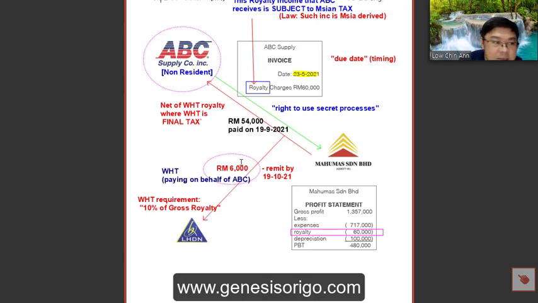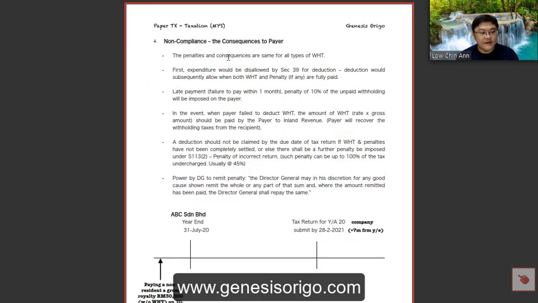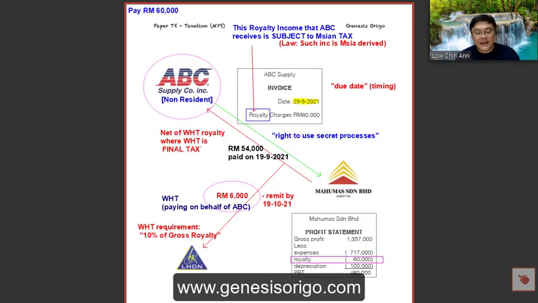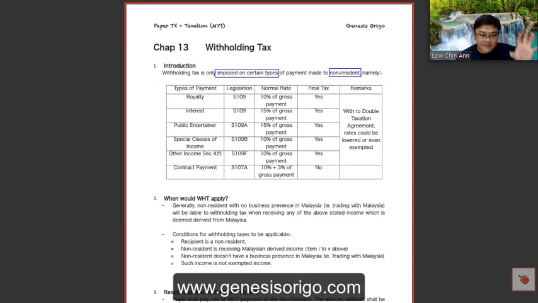This will take a bit long to discuss because there are quite a number of things you need to know. So I'm going to show you some consequences of non-compliance, okay? Let me finish off the consequences, and only then will I go back to the basics to tell you how to ascertain why or when there will be a withholding tax, which is the most important thing we need to know in practice.